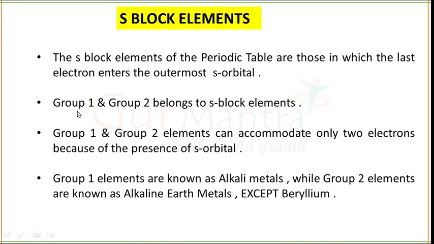As group 1 and group 2 elements have only s orbital, they can accommodate only 2 electrons in their outermost shell. Group 1 elements are known as alkali metals, while group 2 elements are known as alkaline earth metals, and the exception is beryllium.